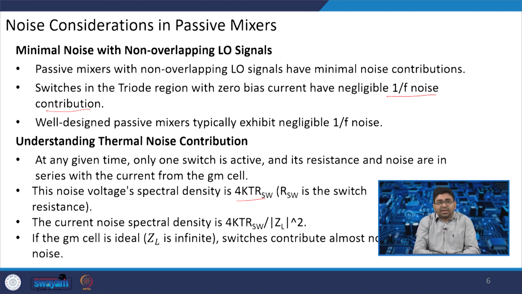If you have a Z_L which is infinity, your noise contribution is less. So, in this case the GM cell at the input side is important, because we all know that the first component will affect the noise contribution in the entire receiver chain.